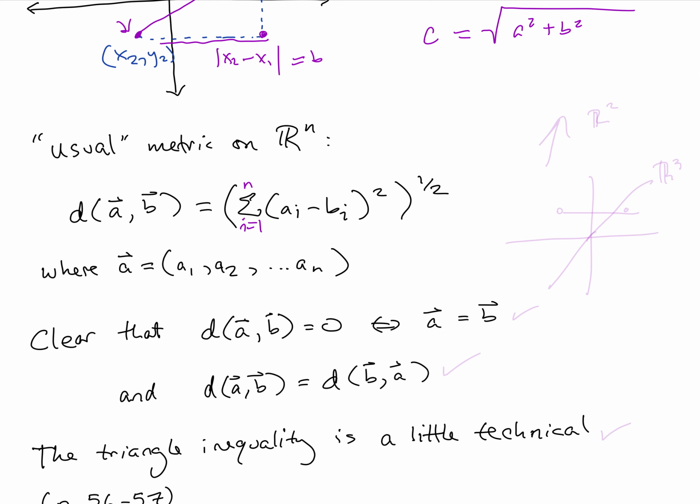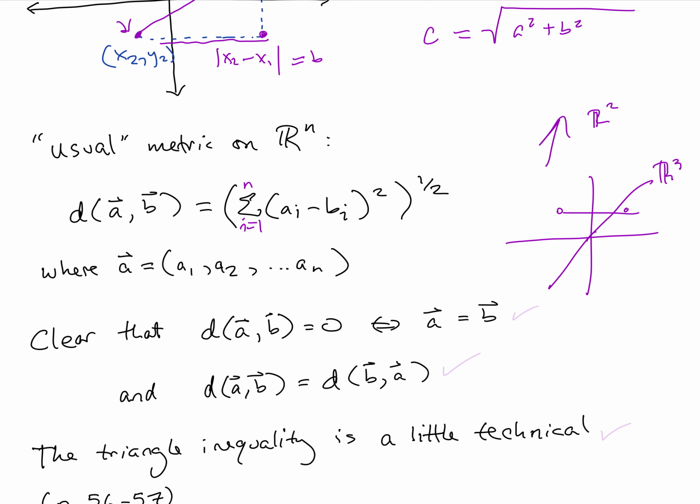And so we see that this is the same thing as what we have above in R squared. If we're talking about 3-dimensional space, then it's just the straight line distance between those 2 points in 3-dimensional space, and that's exactly what our usual metric is in R cubed, and so on.